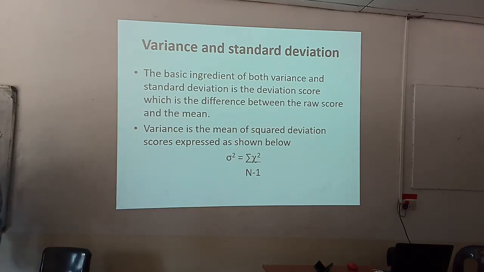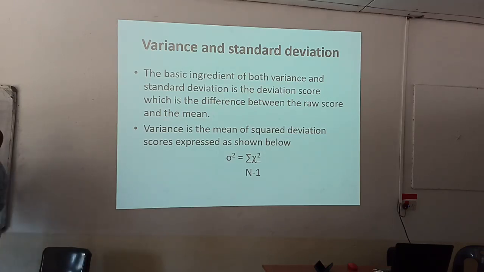And to avoid that problem of summing to 0, we square them. So that when you add the squared deviation scores, you always get a positive number. Why? Because negative times negative equals positive. Positive times positive equals positive.